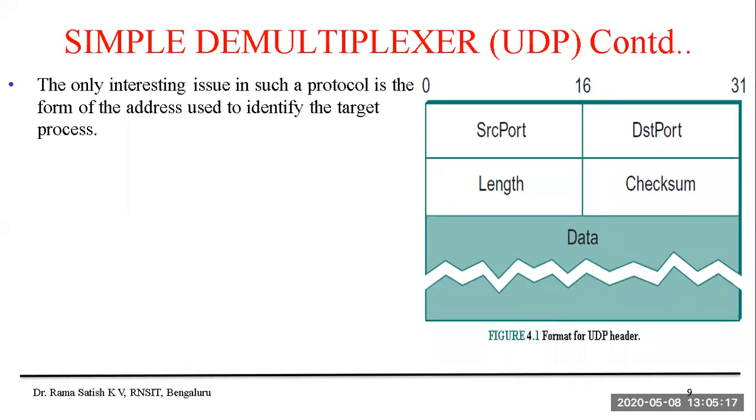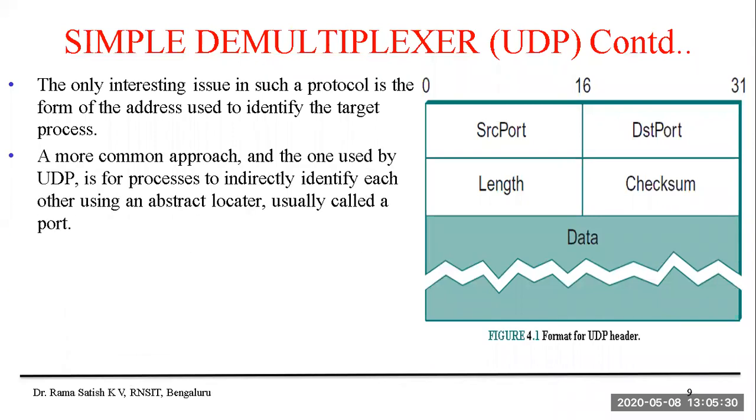The only interesting issue in such a protocol is the form of addressing. It identifies the target process. Process-to-process addressing is done through ports, so processes are identified based on the port.